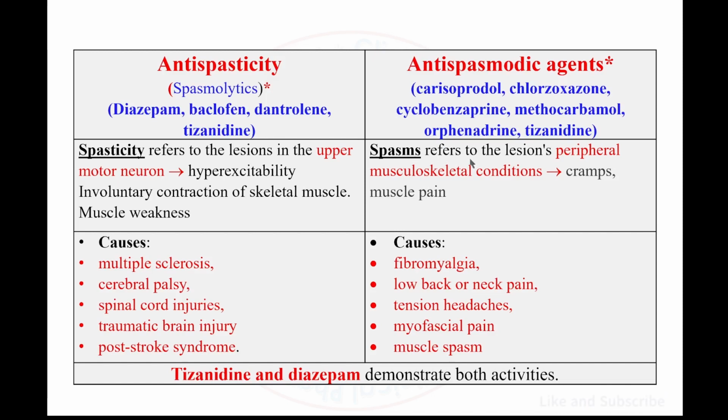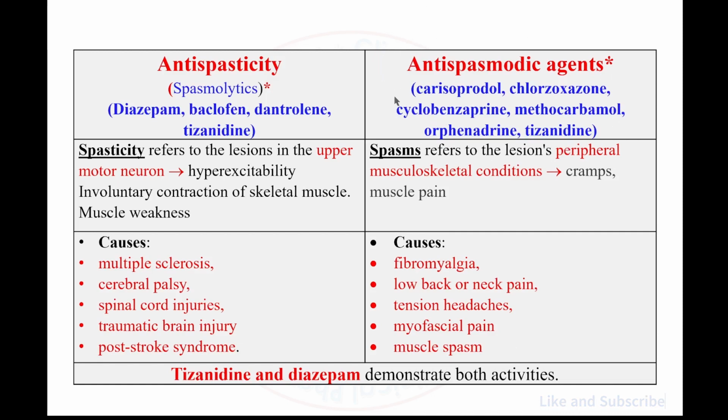Moving to the other group of medications, which treat spasm. Spasm refers to a peripheral musculoskeletal condition that causes cramps and muscle pain. So the patient who comes to the clinic suffers from a peripheral musculoskeletal condition with cramps and muscle pain. Some examples are fibromyalgia, which is very popular, low back pain, neck pain, tension headaches, myofascial pain, and muscle spasm. If the patient suffers from peripheral muscle problems, what medication are we going to use?